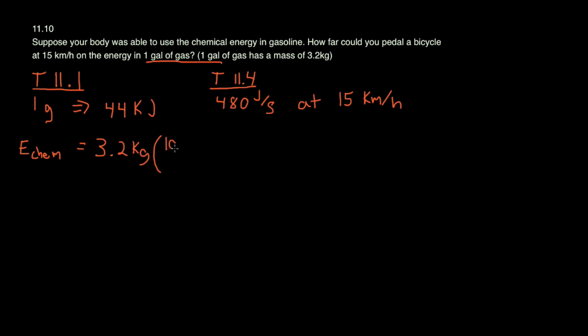So 1,000 grams in 1 kilogram. So this is just to get it into grams, since we're given the conversion of 1 gram is 44 kilojoules. So the kilograms are going to divide out. And there are 44 kilojoules from our table and 1 gram.